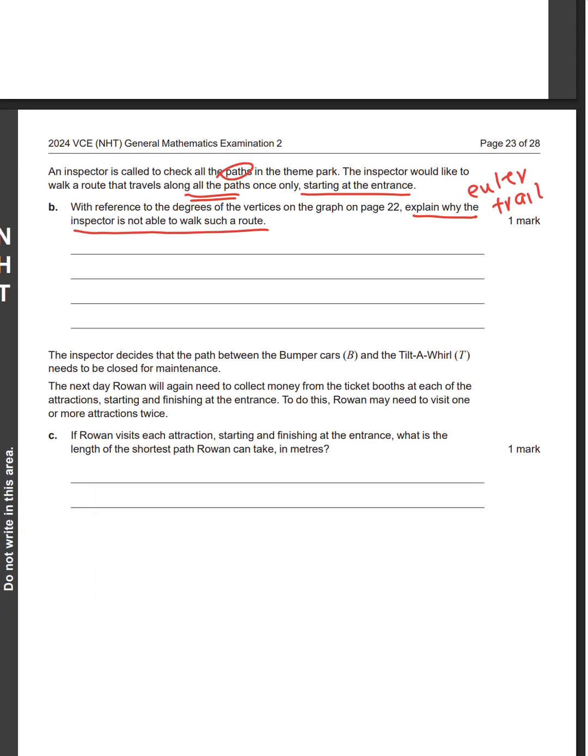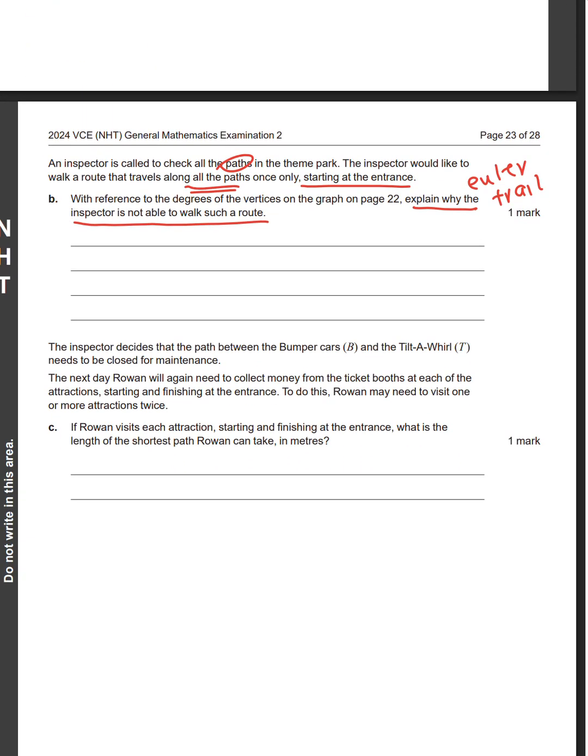Okay, so why can't we? Because more than 2 vertices have an odd degree. So that is simply a definition.